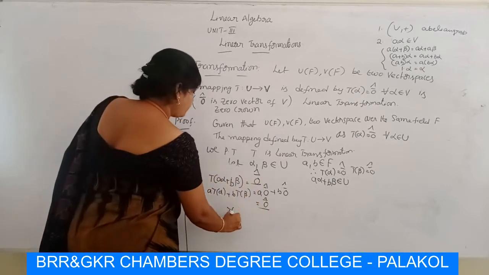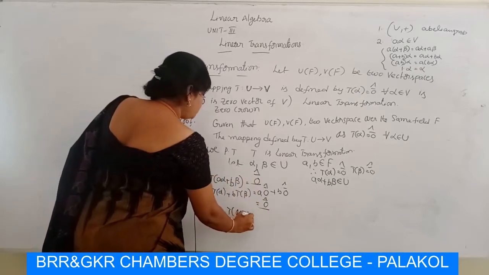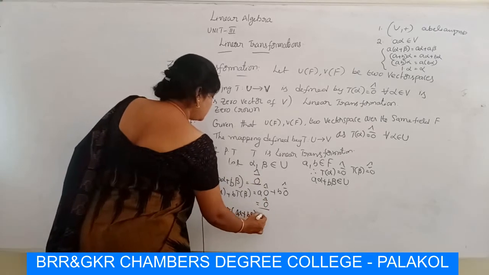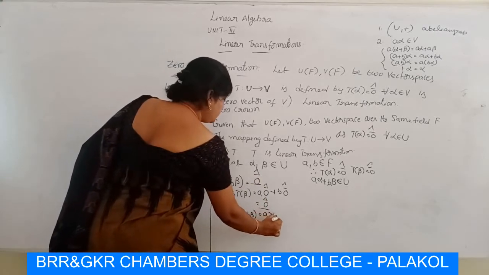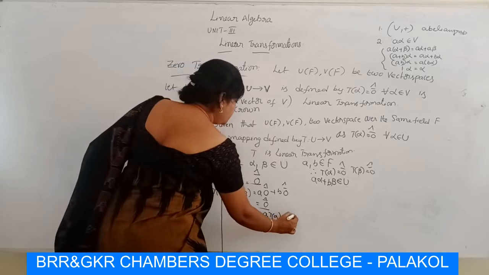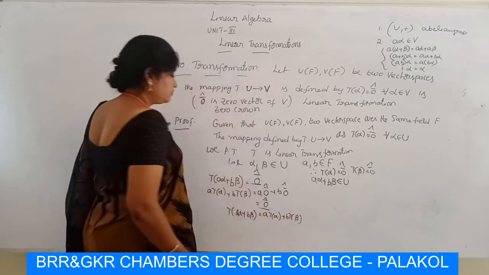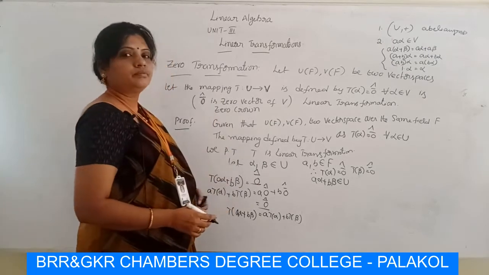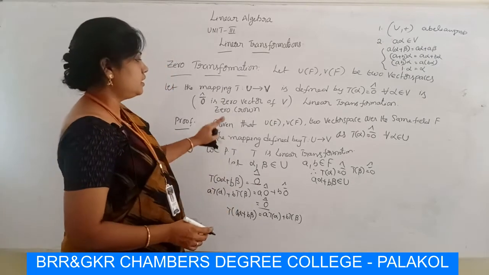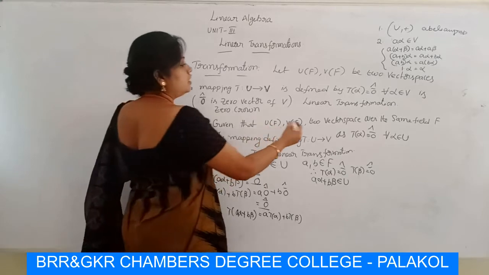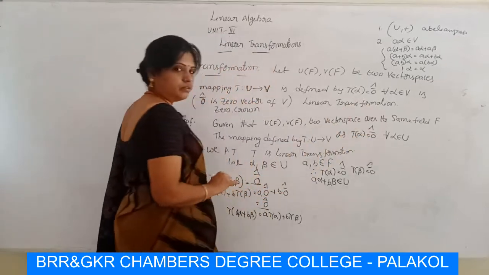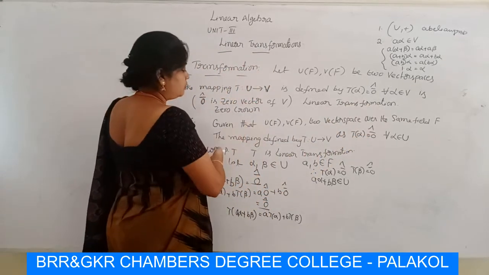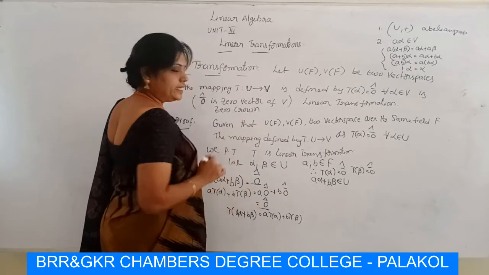Therefore T of A alpha plus B beta is equal to A into T of alpha plus B into T of beta. Okay, then T is a linear transformation. Here we define T of alpha is equal to 0 crown, and we proved that T is a linear transformation.